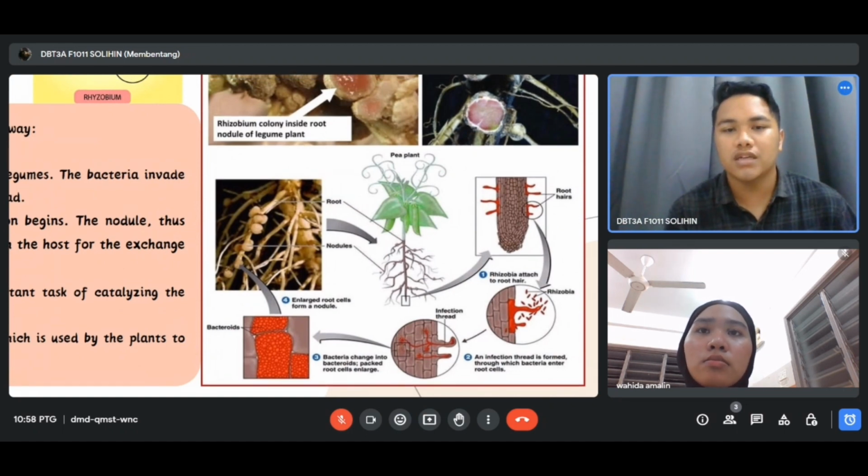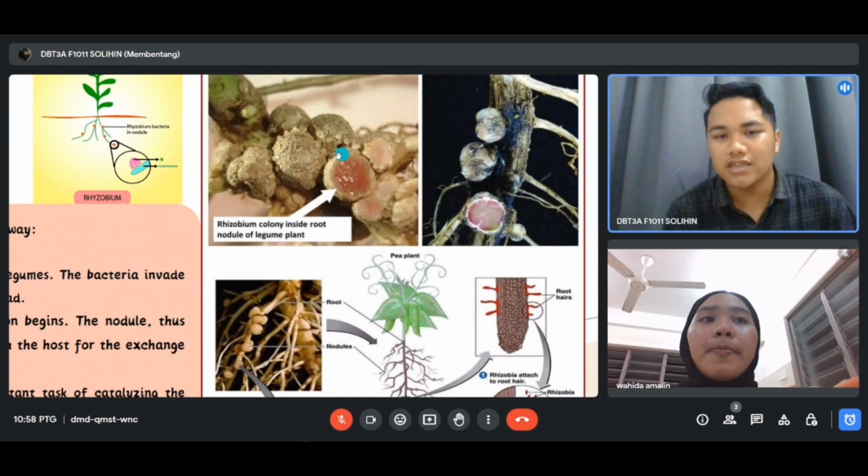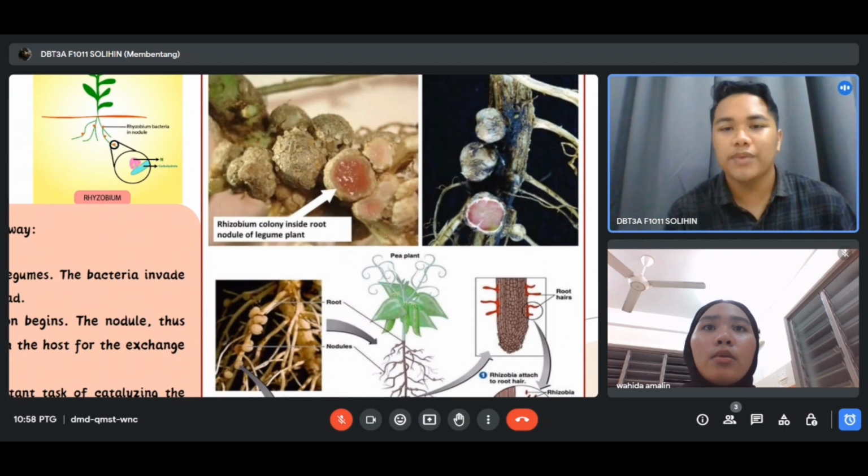So the result we get is like this. As we can see, Rhizobium colony inside the root nodule of a legume plant. The color was changed to pink.